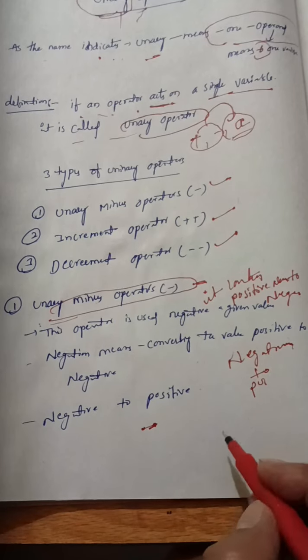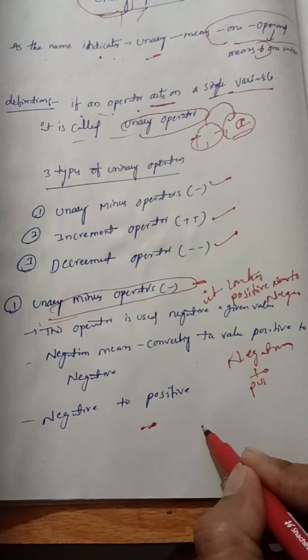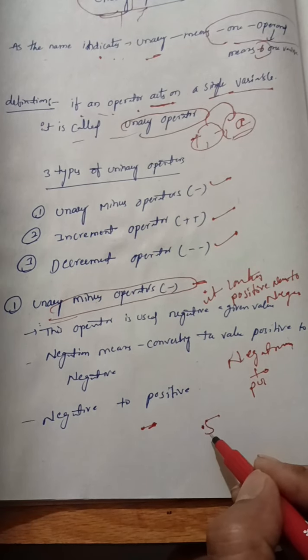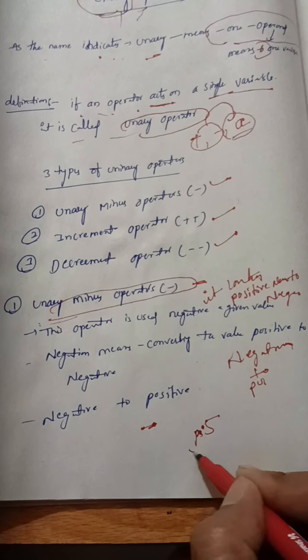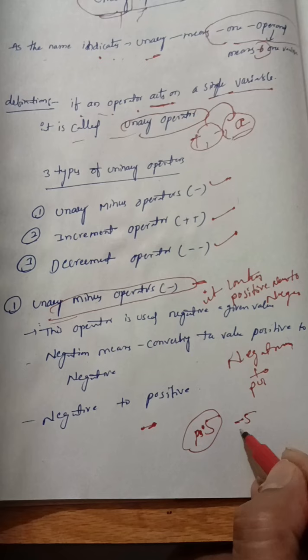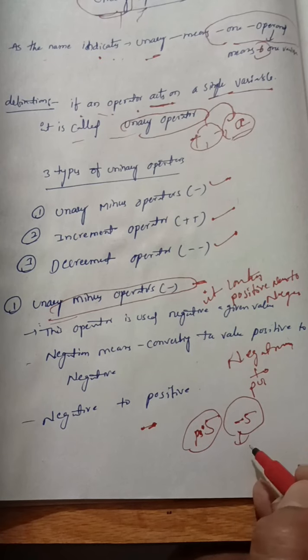Before that, we should know this. For example, 5: when no operator is given, this is a positive number. Suppose minus 5 is given, minus 5 means it is a negative number.